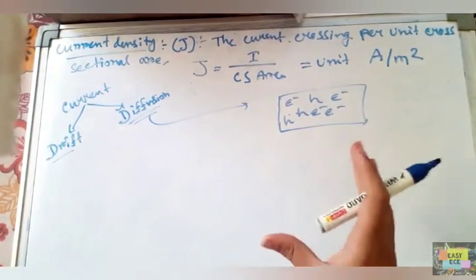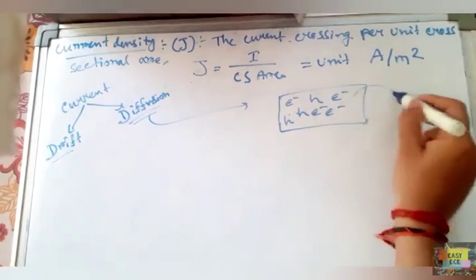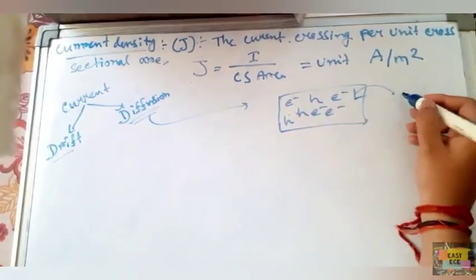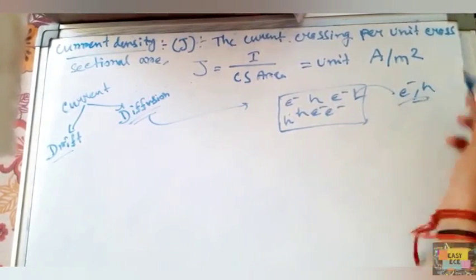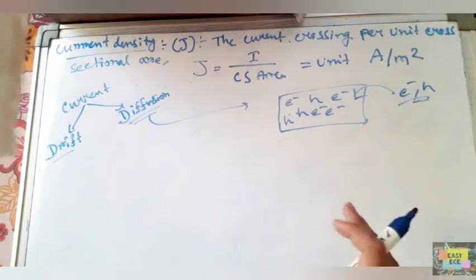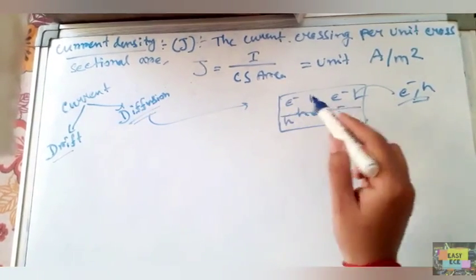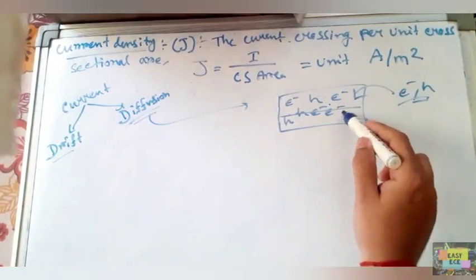When excess carriers are created, that is, more electrons and holes are put into the semiconductor non-uniformly, maybe somewhere the concentration is higher and somewhere lower.